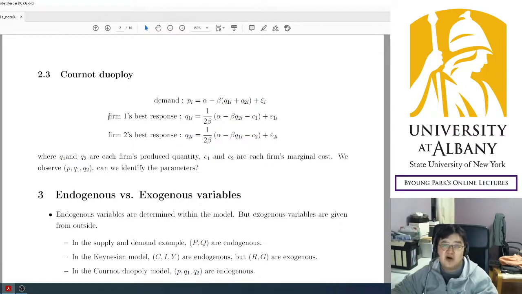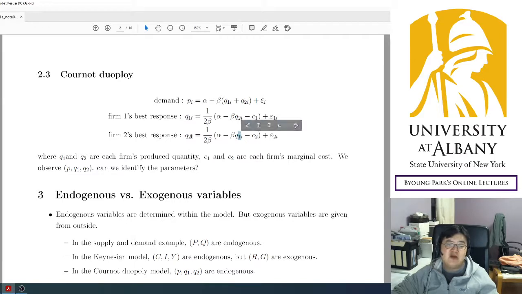Then, based on the demand, firm 1 solves the profit maximization problem and obtains this function. This is the best response function, or the first order condition of the profit maximization problem. It is represented as a function of Q2. So given the opponent's choice, I am going to respond like this. Given Q2, this is my best response. Similarly, firm 2 is symmetric.